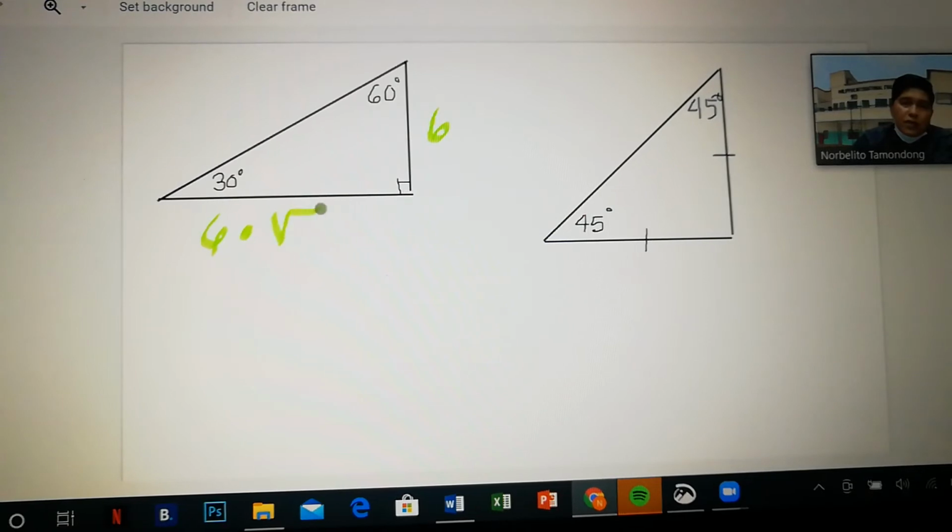Square root of 3. So therefore, your answer is 6 square root of 3. Now, how do you find this hypotenuse? You simply multiply this by 2. So 6 times 2. What is the answer? 12.